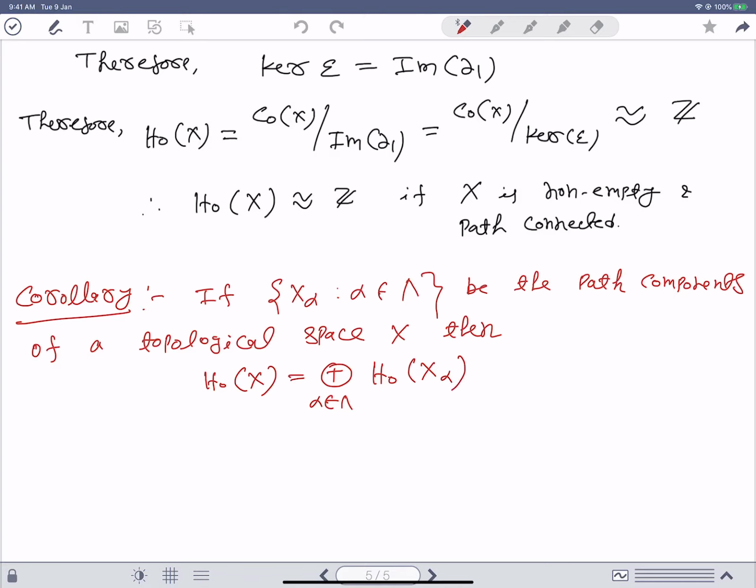So we have proved this in the last lecture, and since each X_alpha is path connected, A_0(X_alpha) is Z, so we will have a direct sum of copies of Z, right? That means the number of copies of Z is the same as the number of path connected components of a topological space. Fine.